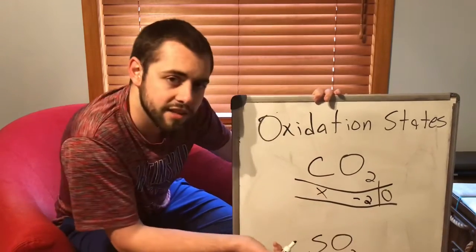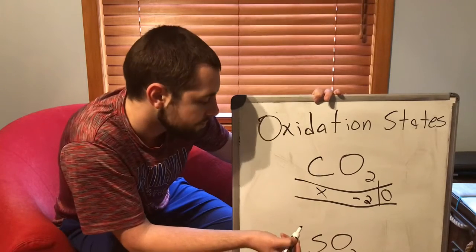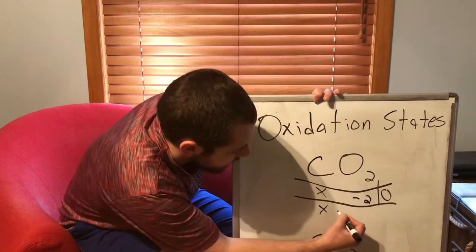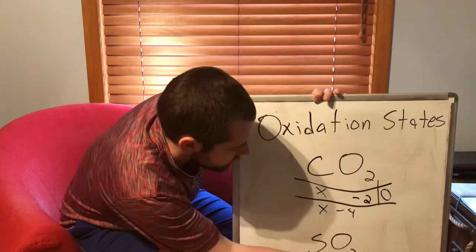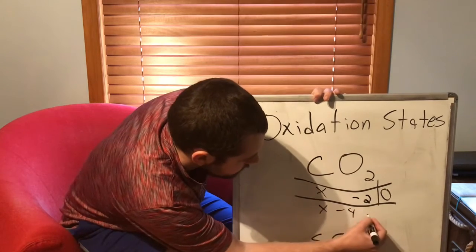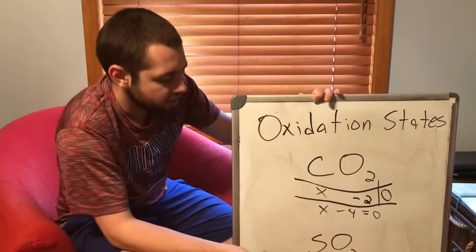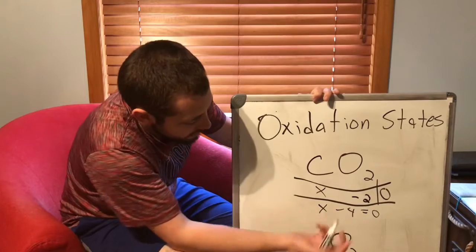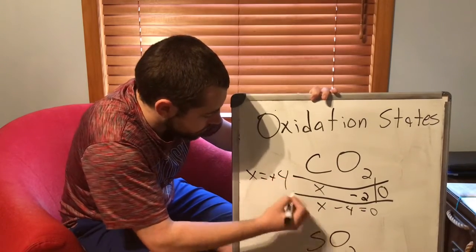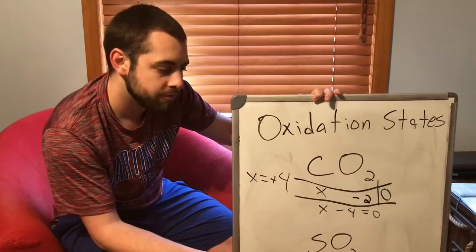I don't know what the oxidation state of this carbon is going to end up being. I'll multiply by my subscripts. So x minus 4, 2 times -2, -4, equals 0. So if x minus 4 is 0, I can say that x is going to be positive 4.